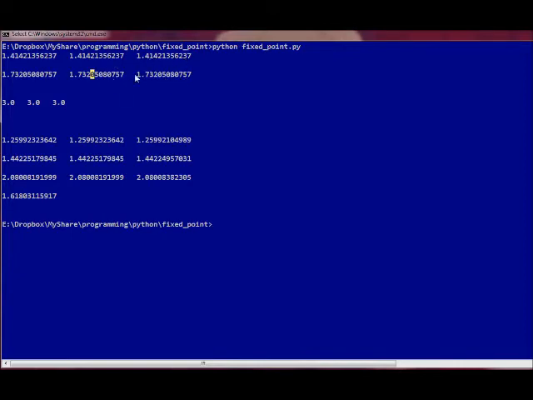Right, and the next line is the square root of 9. Okay, then this is the cubic root of 2, the third value being Python's, and the first two are ours. Then the cubic root of 3, and then the cubic root of 9, and the golden ratio, that's the last value.